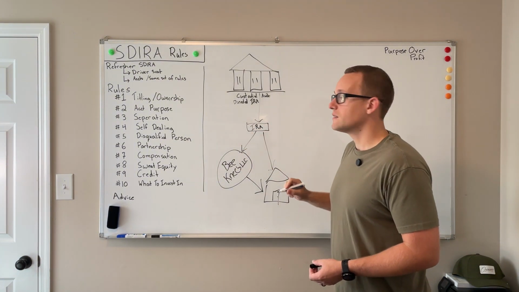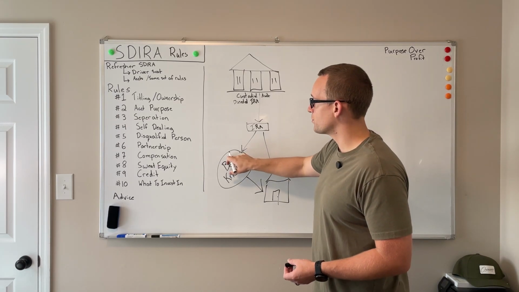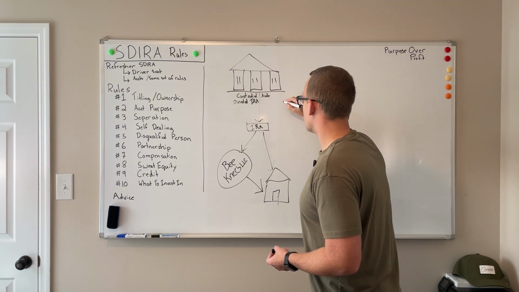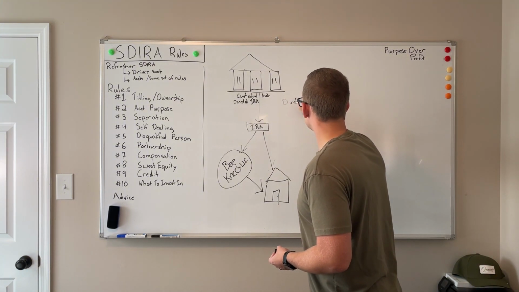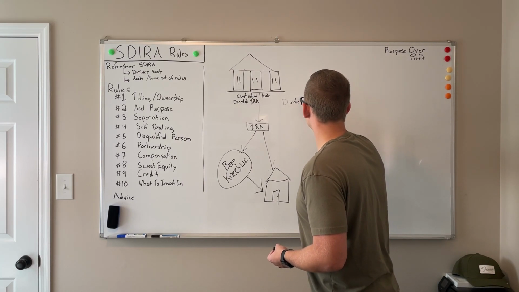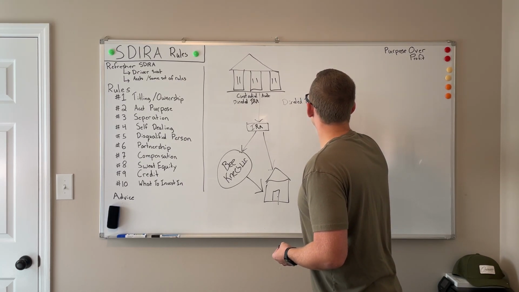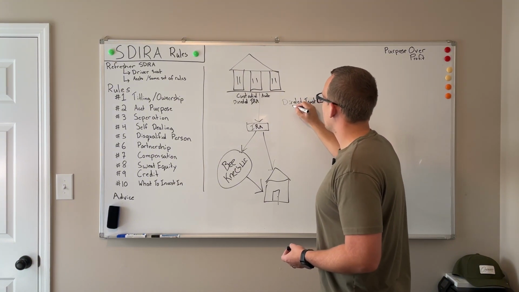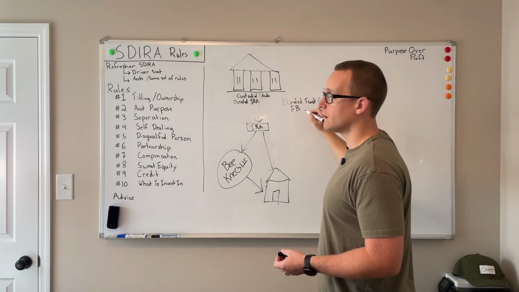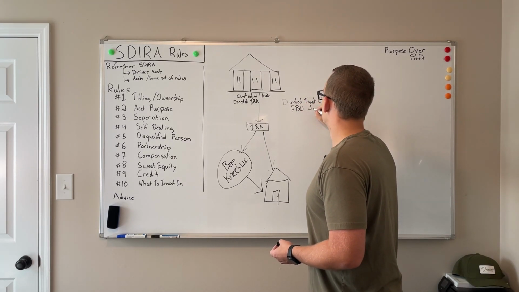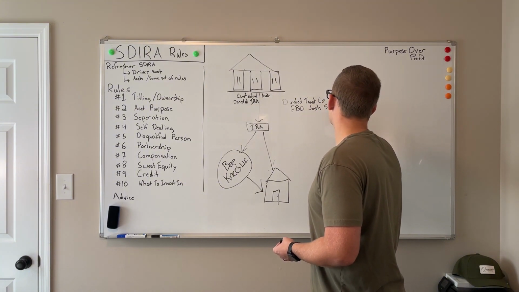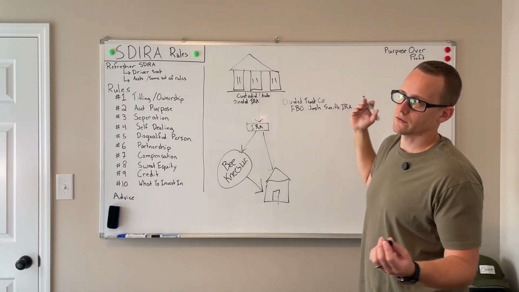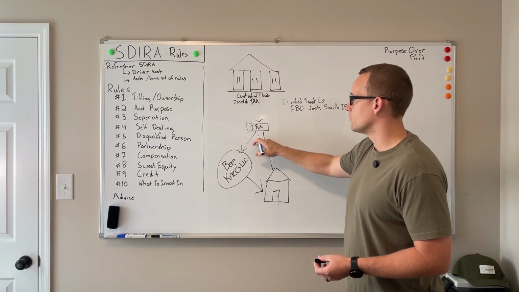What this is going to show up as is 100% ownership of this company is going to state something like Directed Trust Company FBO, so for benefit of, Josh Smith IRA, and then your account number, so on and so forth. So everything is owned by that IRA.